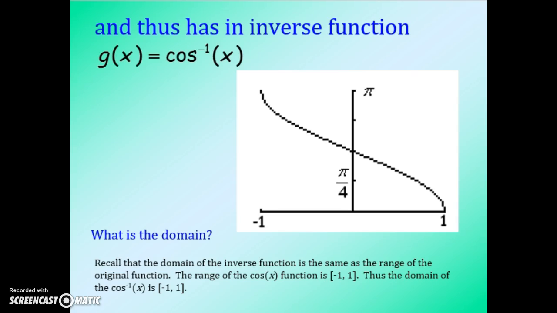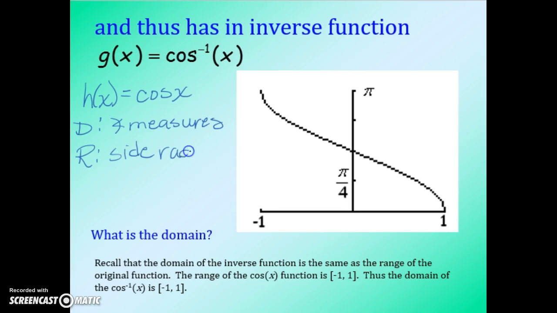Again, the domains and the ranges are switched, so let's talk again. Here, if we had h of x equals cosine of x, the domain for that function would be angle measures. And we know that from our unit circle work. The range is therefore side ratios of those triangles that we drew.